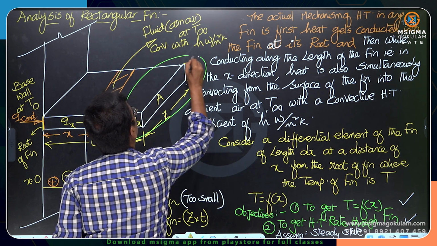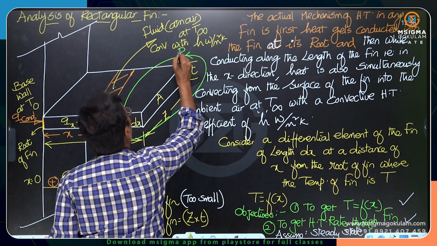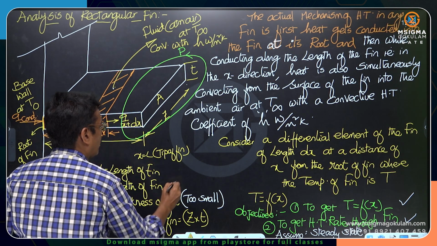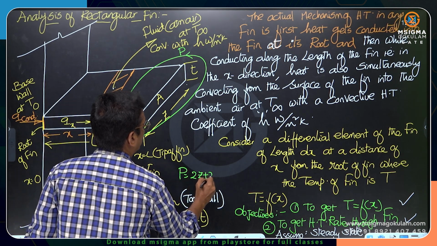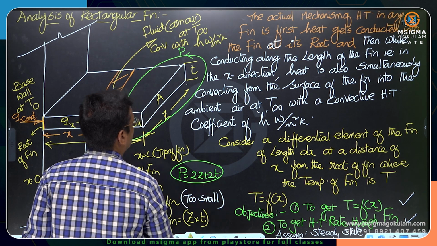If P is the perimeter of the fin, the perimeter is given by 2z plus 2t. This is the perimeter of the fin.